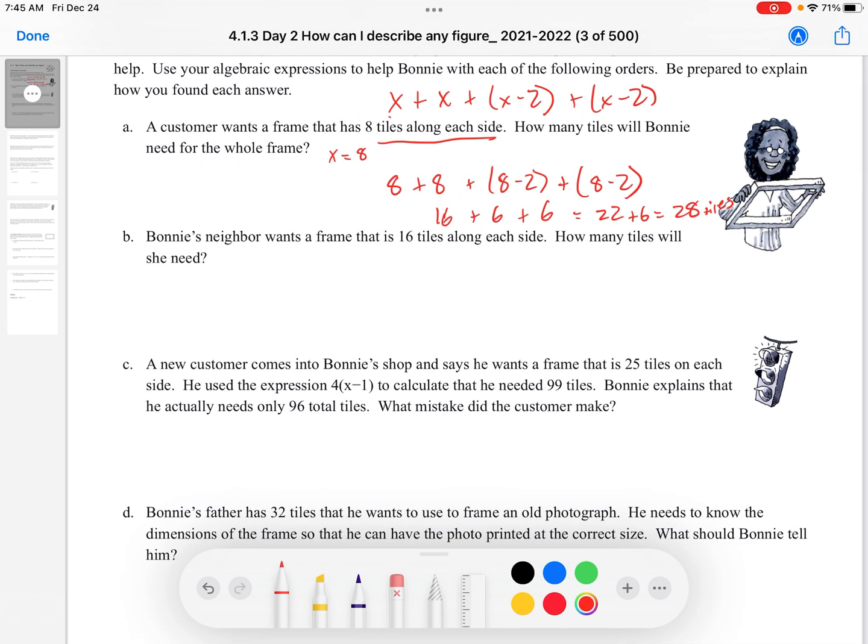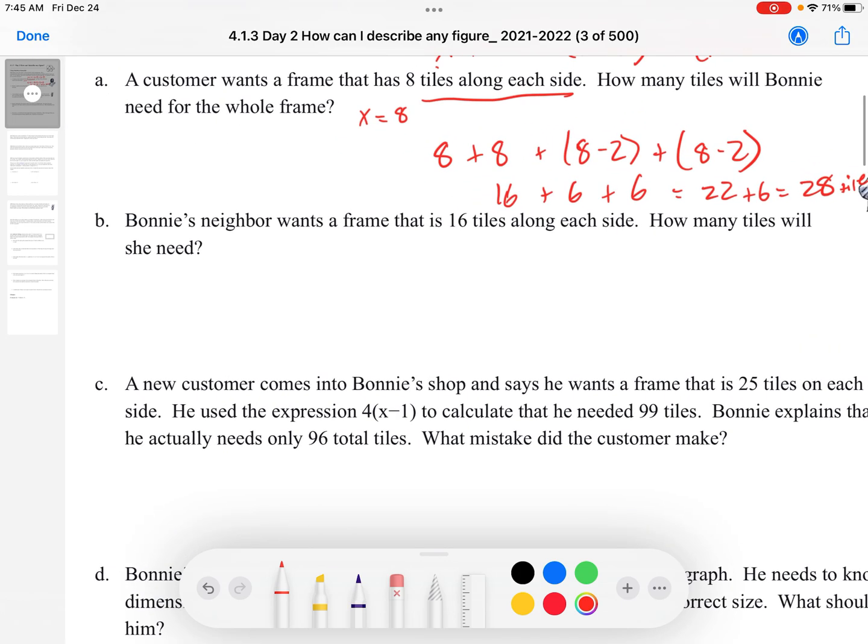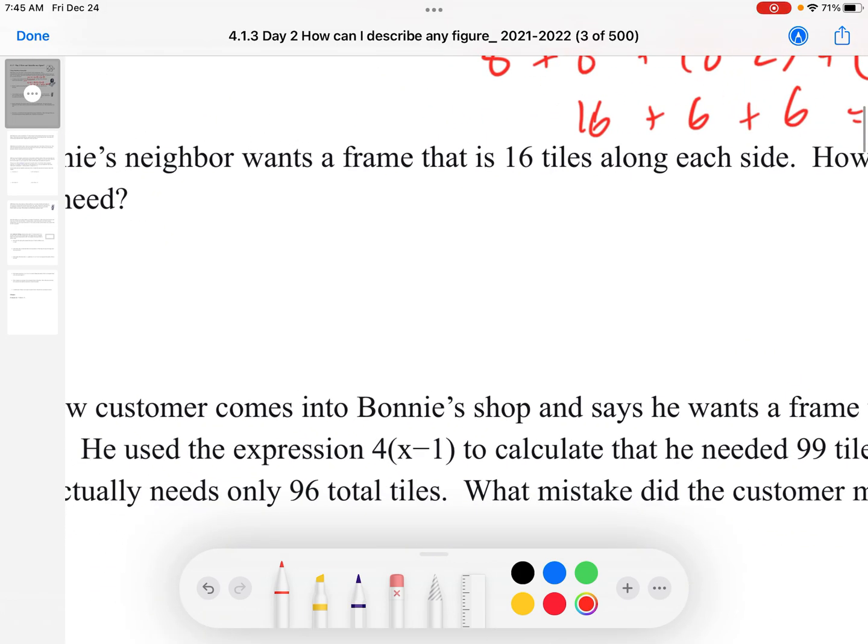Bonnie's neighbor wants a frame that's 16 tiles along each side. How many tiles will she need? All right, so 16 on each side. So we can do the same thing: 16 plus 16 plus 16 minus 2 plus 16 minus 2.